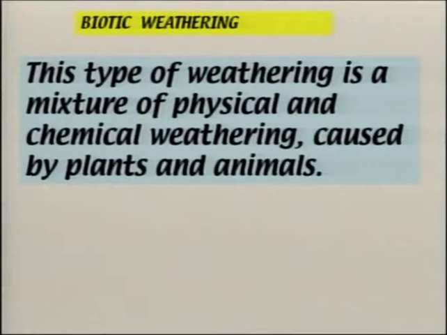While we are going through the information on biological or biotic weathering, you should be able to pick up the fact that biotic weathering or biological weathering, sometimes it is actually not included as a process on its own, simply because the actions of plants and animals can either be physical or mechanical, or it can be chemical.